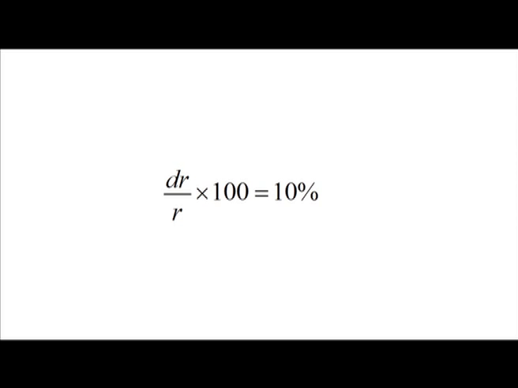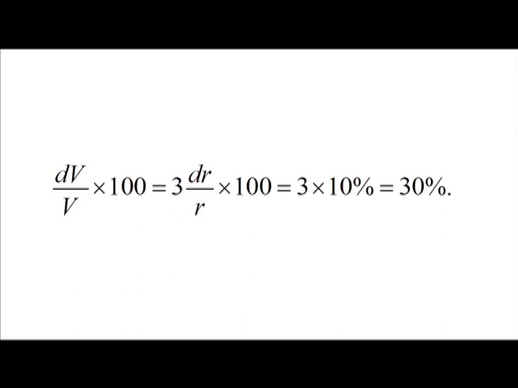So, a 10% increase in r, that is dr by r times 100 is equal to 10%, implies dV by V times 100 is equal to 3 times dr by r times 100, which is equal to 3 times 10%, which is equal to 30%.